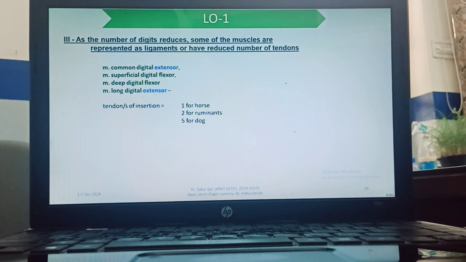This is what I meant earlier by the change in the number of tendons of insertion depending upon the animal's digits. If there is only one digit, one tendon of insertion would be there for such a muscle. If there are two digits, two splits of that tendon will be present, and if there are four or five digits, then four or five slips of that tendon will be there in that animal.